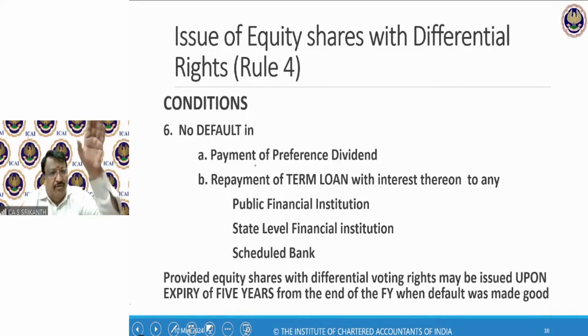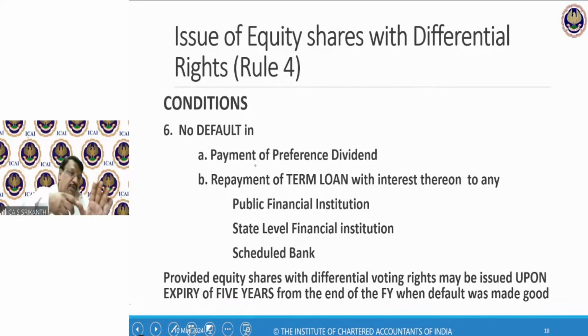See, there is a default in repayment of term loan. You pay it, you finally settle the term loan this year. Now, you want to issue DVR this year? No, you can't. Next year? No, you can't. When can you issue? Only after the expiry of 5 years from the end of the financial year when the default was made good. The financial year when the default was made good was 24-25. So from 1/4/25 onwards, you count 5 years: 26, 27, 28, 29, 30.